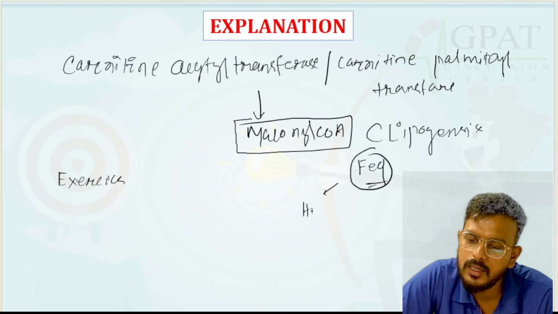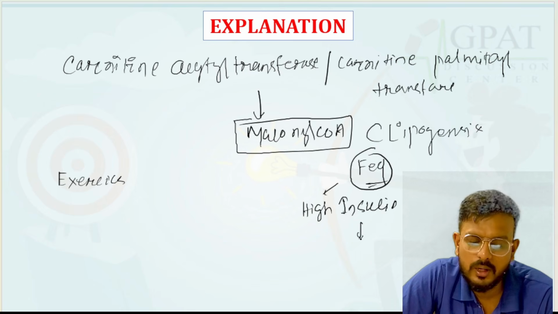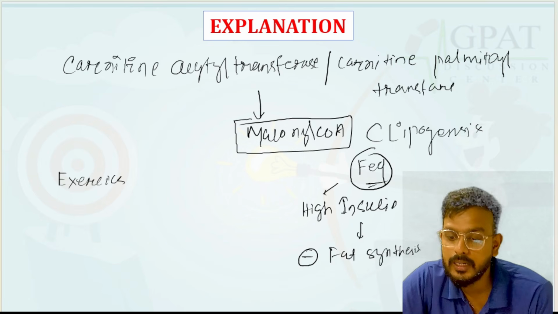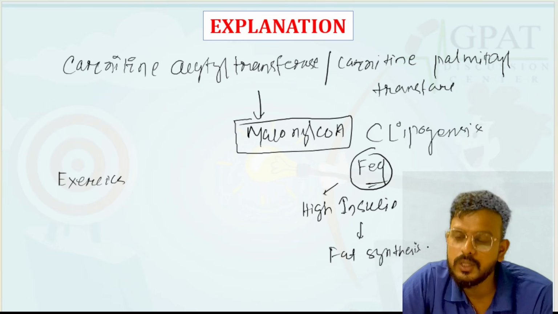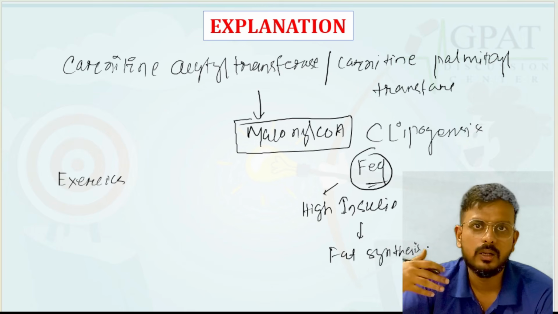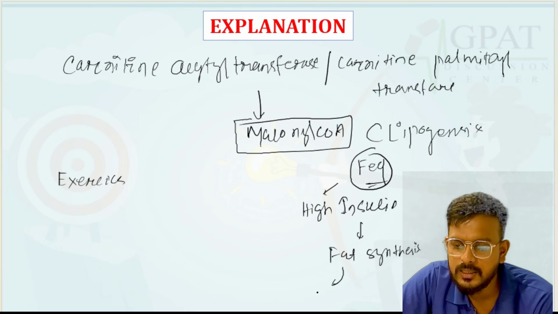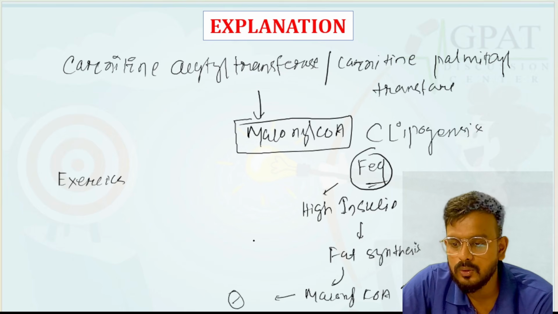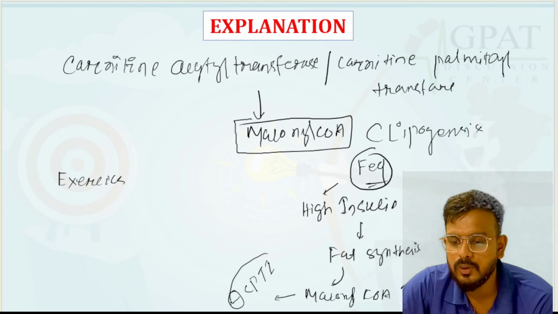When insulin level is high, it activates your fatty acid synthesis, so fat synthesis occurs. That means your malonyl coenzyme A level will be high. When malonyl coenzyme A level is high, it will inhibit carnitine palmitoyl transferase, shortly known as CPT1.